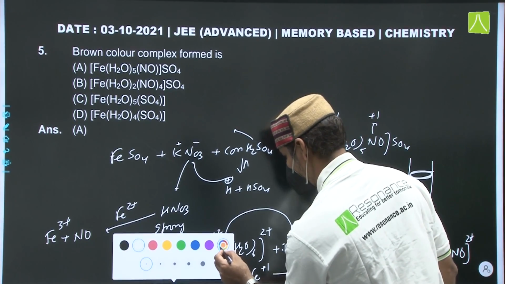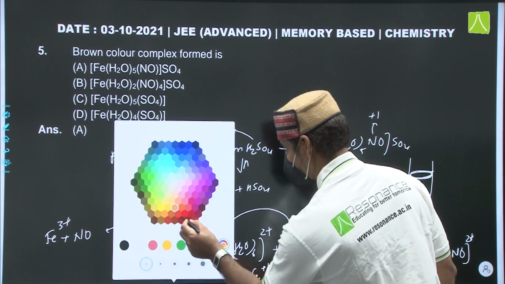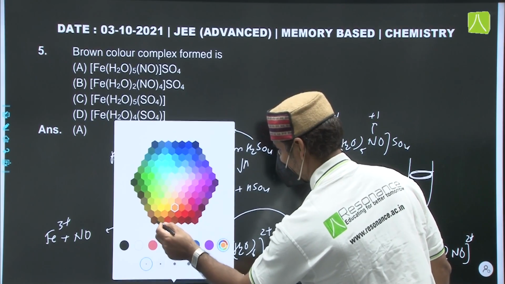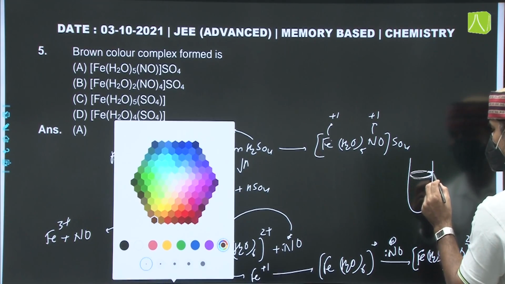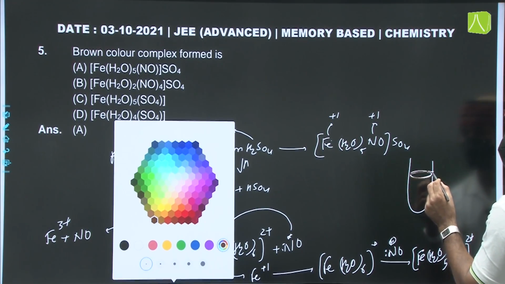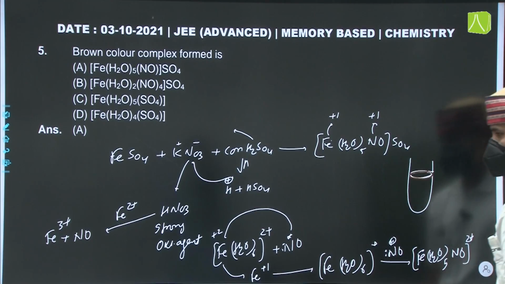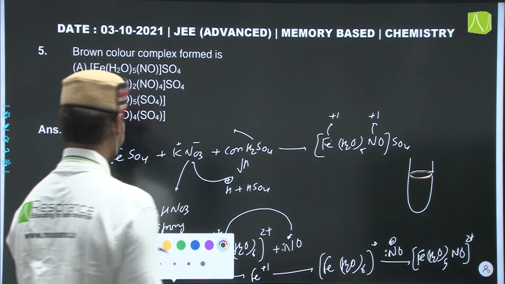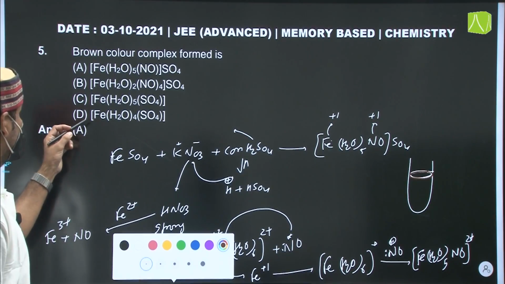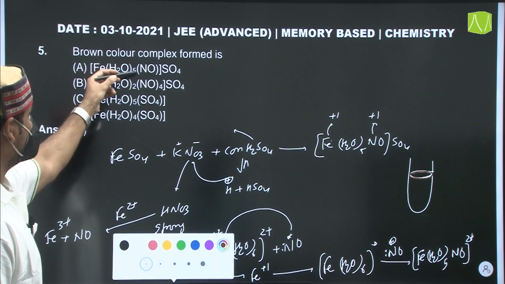As you can see, this is the brown color complex. So the answer would be A, [Fe(H2O)5NO]SO4.